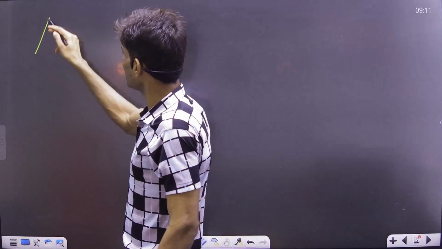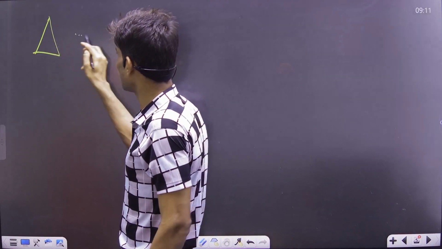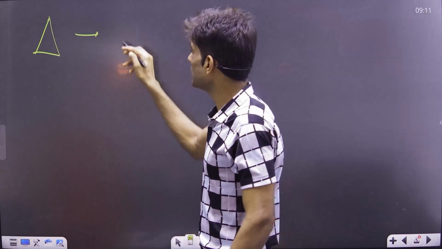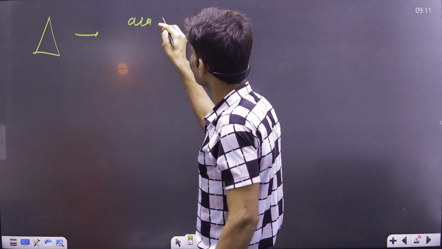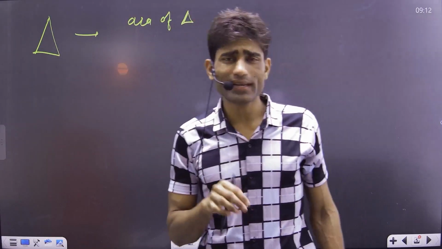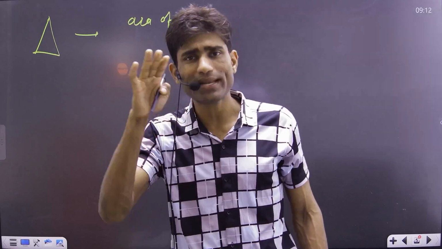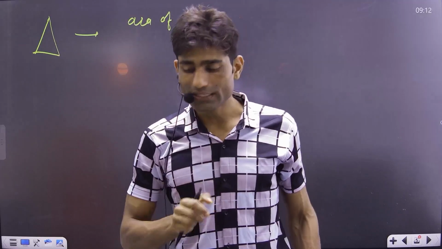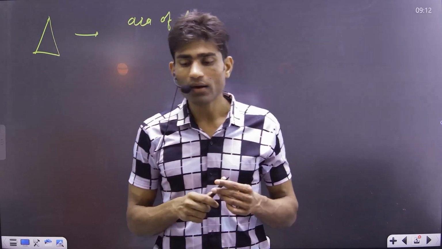We know the triangle, okay? With respect to triangle, we need to know the area of a triangle, okay? So if we consider our plane triangle, then area of a triangle is 1/2 into base into height, okay? This one is our area of a triangle, okay?